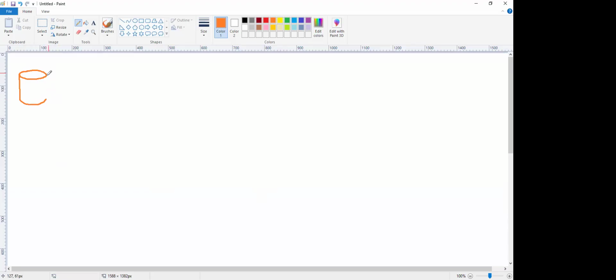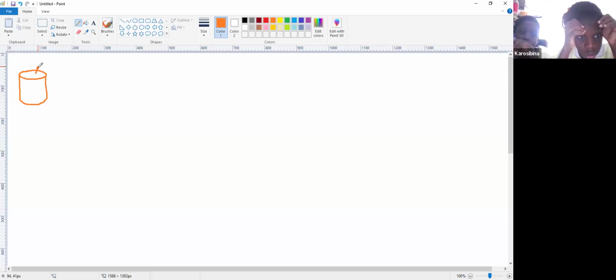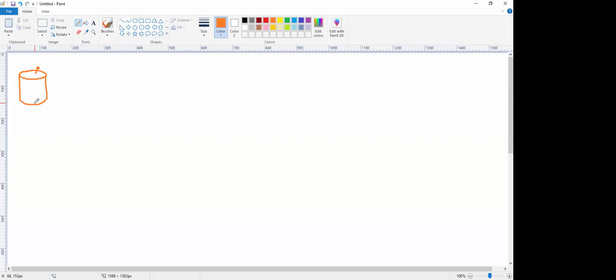Now this place is the top. It's a circle. The bottom too is a circle. But the side, this curve, is what is the curved surface. Now, I want you to imagine we're going to take this tin of peak milk apart.